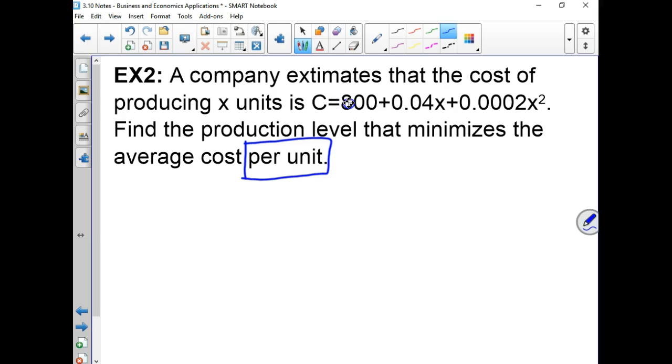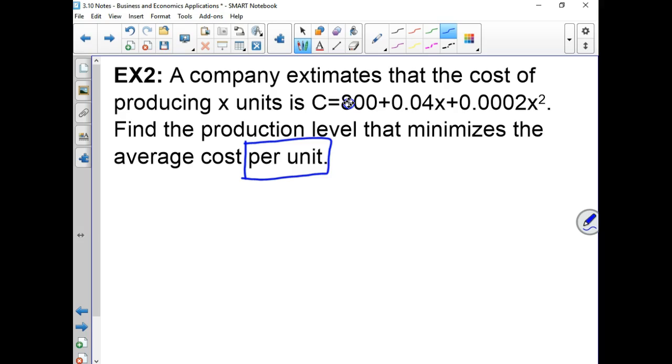If you only made one, it would be really expensive. I can't even imagine how much that would cost. But if you mass produce it and make a bunch of them, the cost should go down.